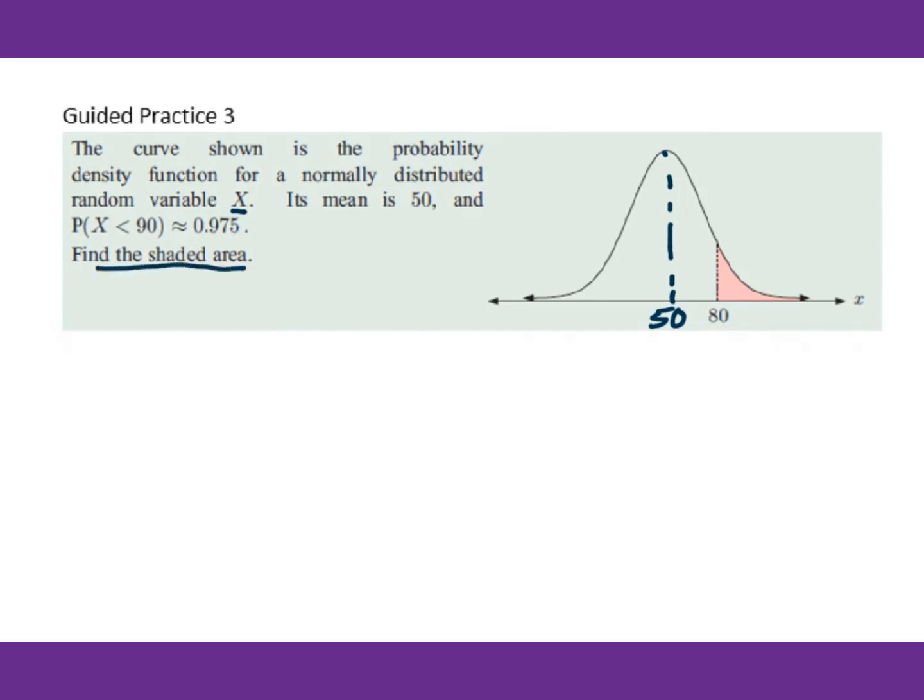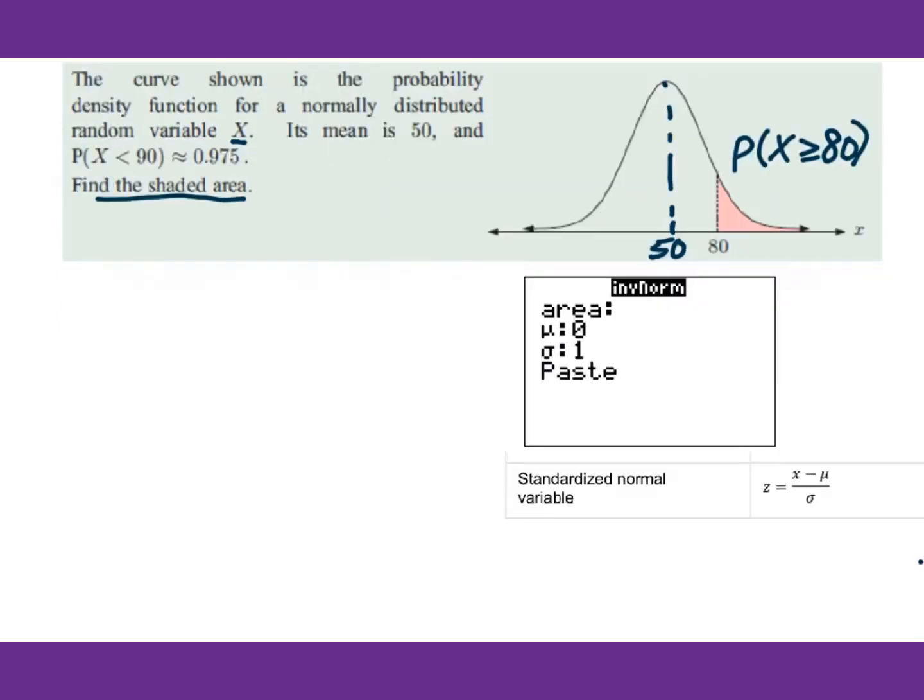Find the shaded area. This shaded area, we can use the probability that x is greater than or equal to 80. First of all, we will use this given information to figure out the standard deviation.